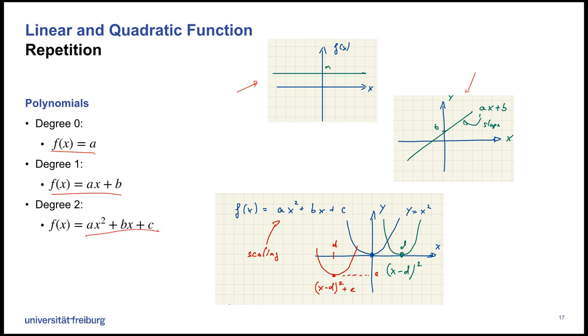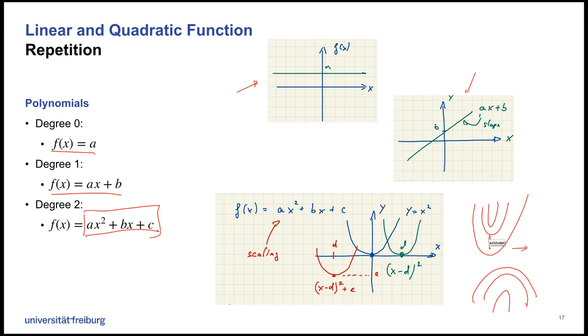And these are the quadratic equations. They all look the same, because they always look like that, or like that, which is just the inverse. And they are scaled and moved. So you can move them here and here, up and down and so on.